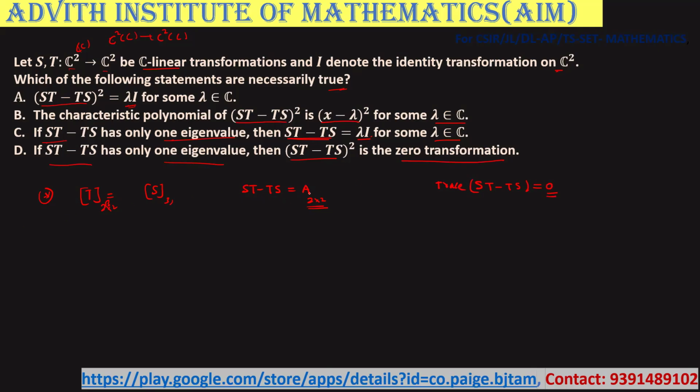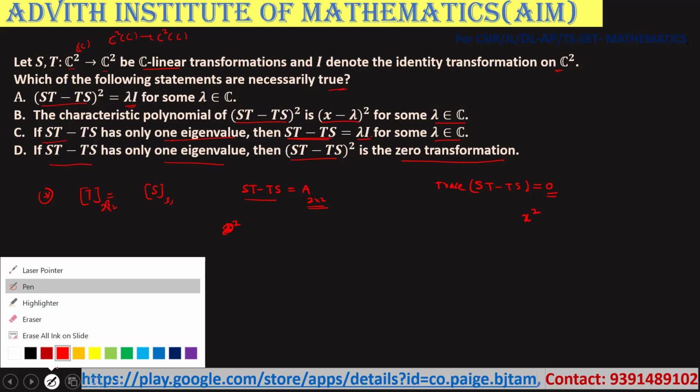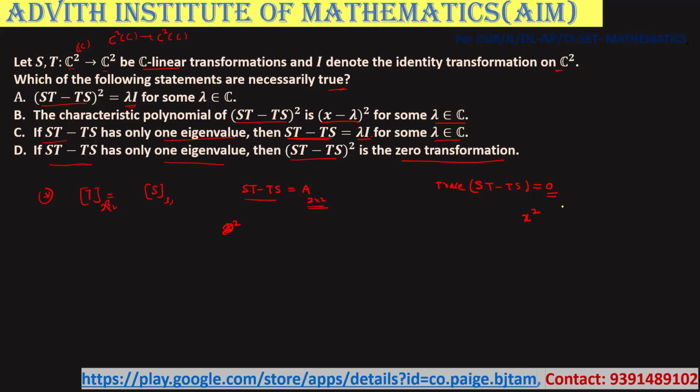So the characteristic equation of A, that means ST minus TS, in x is x squared minus trace of A times x plus det A equals 0, where A is equal to ST minus TS.